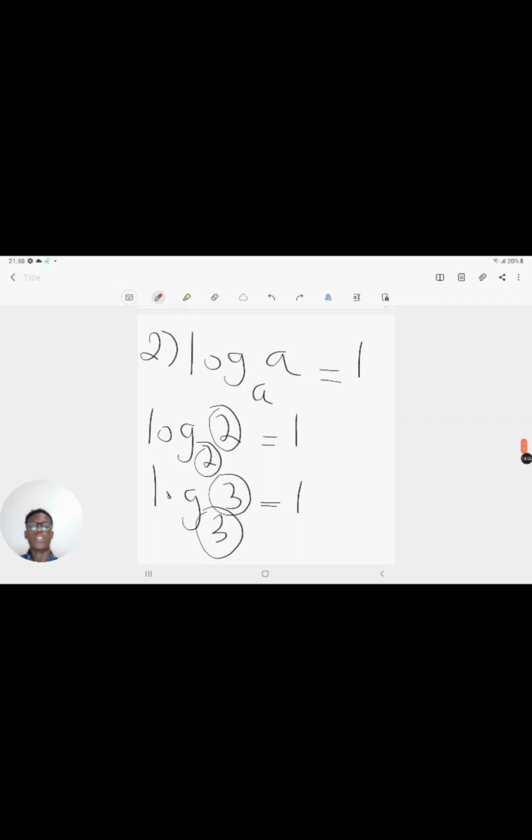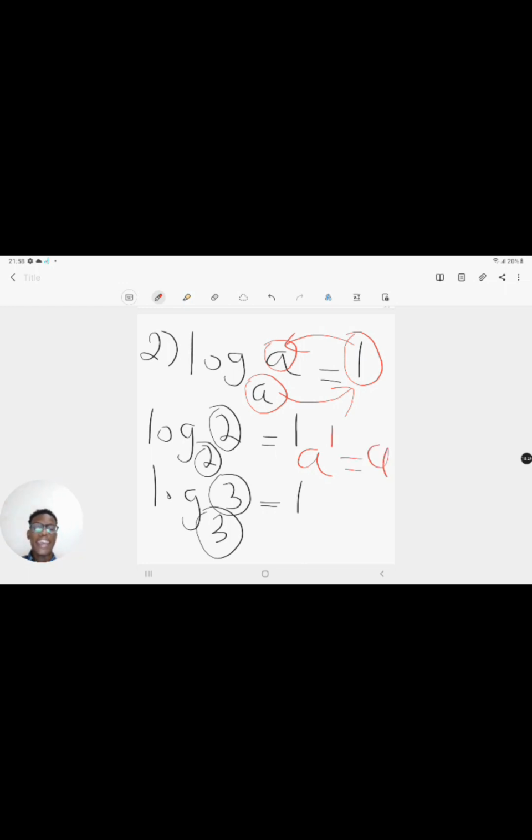Same thing with the second principle. If I draw that diagram, look at that. A points to 1, 1 points to A. What does that tell you? Well, it says A to the power of 1 is equal to A. Doesn't matter what A is, A to the power of 1 is equal to A. Is this true or not?